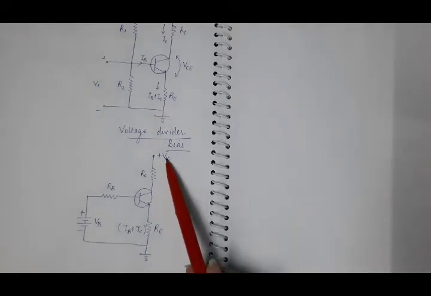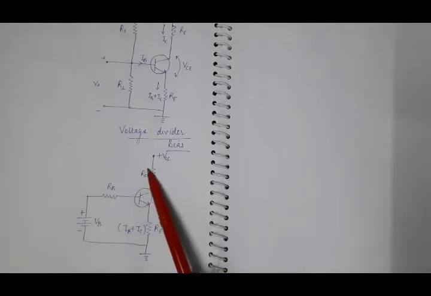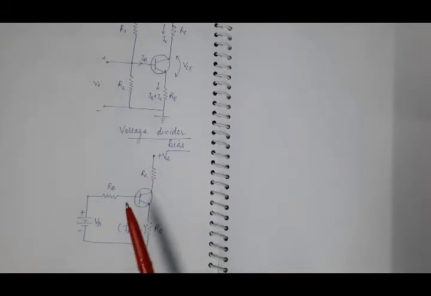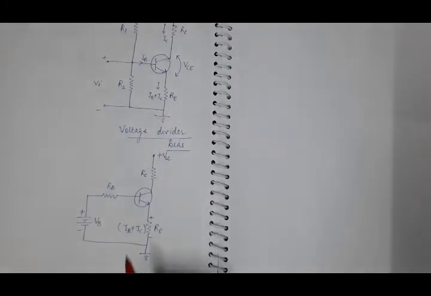Because of this power supply plus VCC, there will be collector current IC through this collector resistor RC, and here there will be base current IB because of this VB, and here we will have emitter current IE, which is equal to IB plus IC, through this RE. And when that emitter current flows through this RE, how will it flow? From positive to negative terminal. And what will happen?